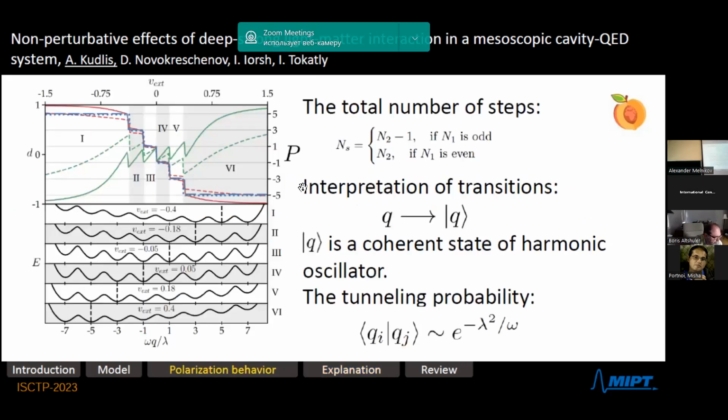It's probably not difficult to understand because, for example, for the red line, it just goes to one huge step, and these small steps become smaller and smaller, and at some number of dimers it will be difficult to identify the step itself.